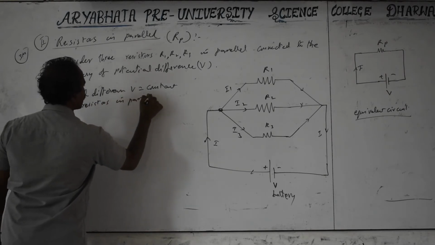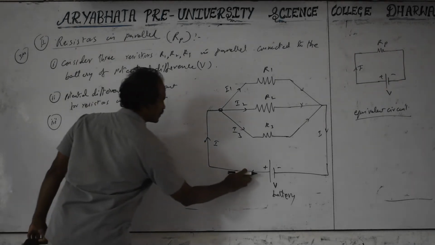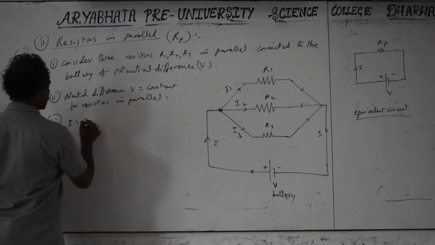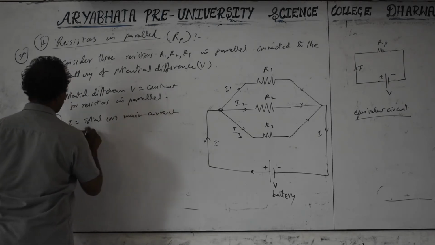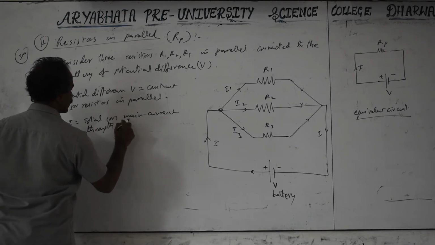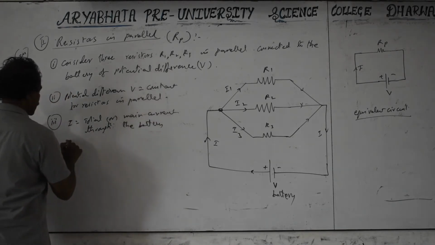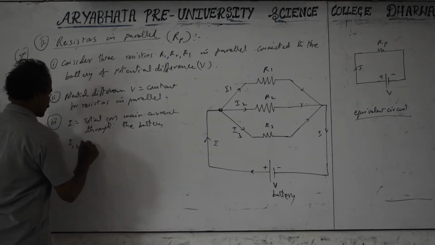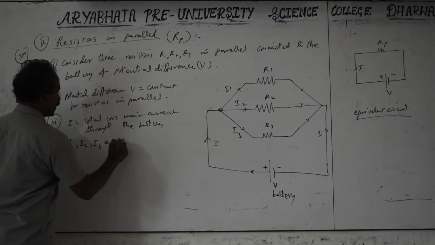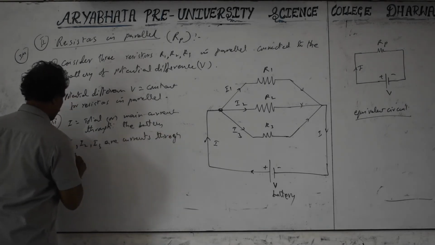We take the total current through the battery as the main current I. I is the total or main current through the battery, and I1, I2, I3 are the currents through R1, R2, R3 respectively.